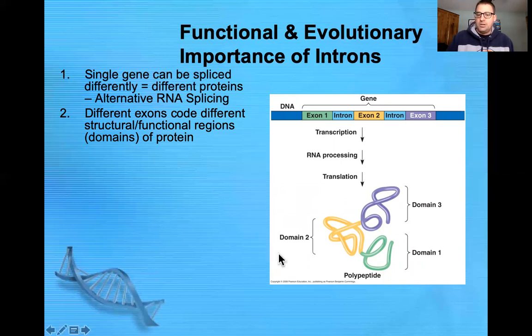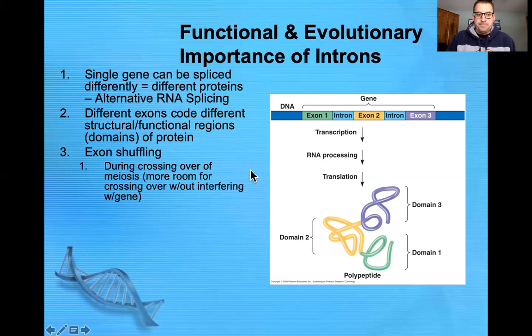So we could have one exon that codes for the catalytic or enzymatic portion of the membrane protein that would be on the inside of the cell. Another exon that codes for the region that is embedded within the membrane and anchors that protein in the membrane. And then a third exon that encodes the portion of the protein that is the receptor part that's outside of the membrane.